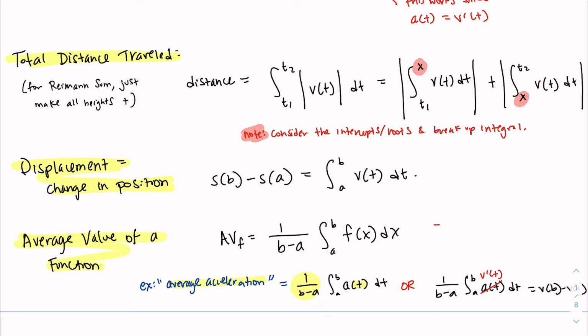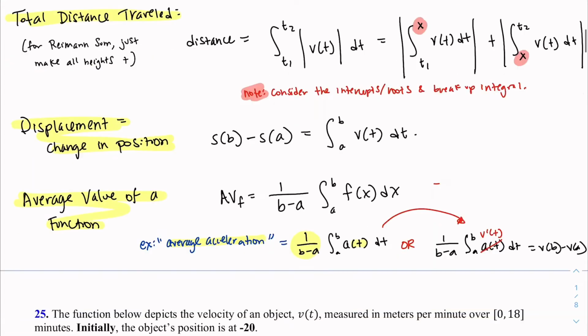Now, you may be inclined, depending on the problem, to rewrite acceleration as v prime of t, and then from there use your net change definition to say, okay, that's just v of b minus v of a. But don't forget to multiply that by 1 over b minus a when you rewrite it, if you choose to rewrite it. But know all of those definitions. It's located in your cheat sheet.